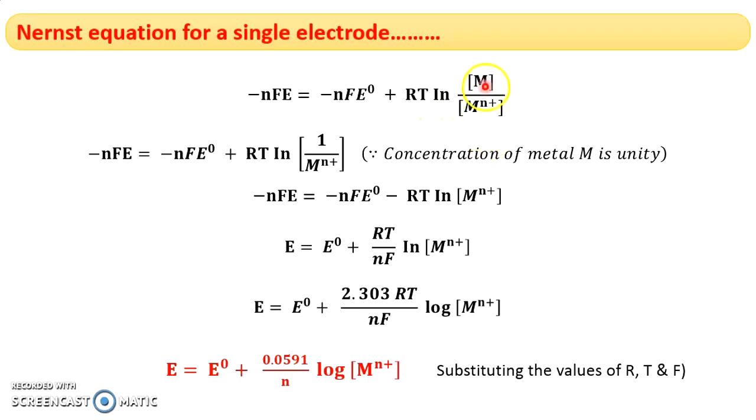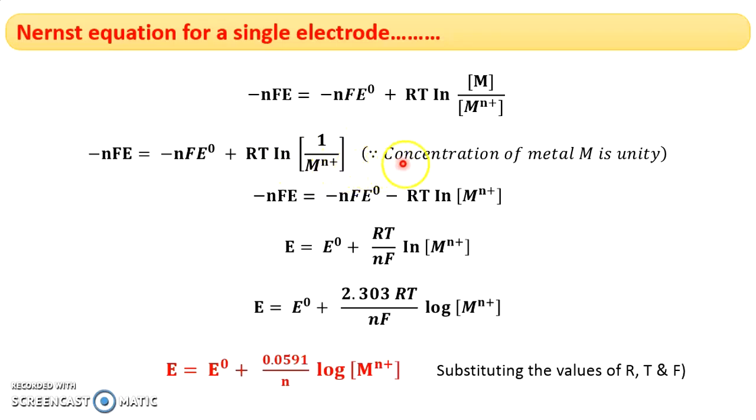Here M and M^n+ are the products and reactants, n is the number of electrons transferred, F is the Faraday, E is the electrode potential, and E naught is the standard electrode potential. This can be simplified as minus nFE is equal to minus nFE naught plus RT natural log 1 by M^n+.